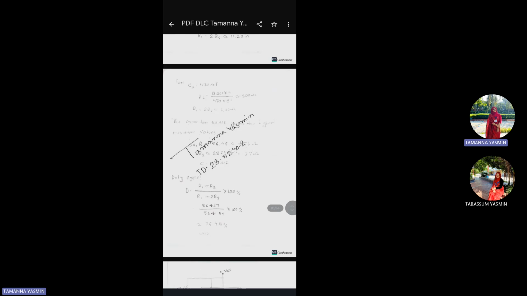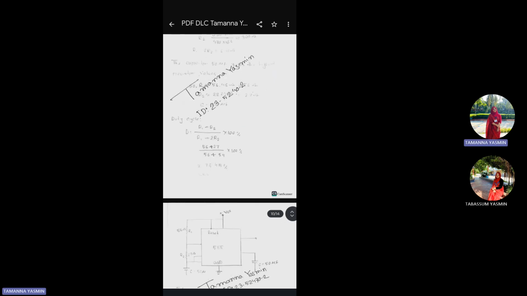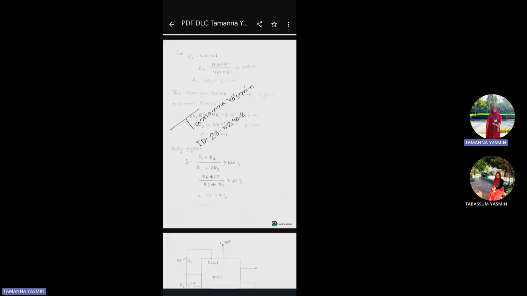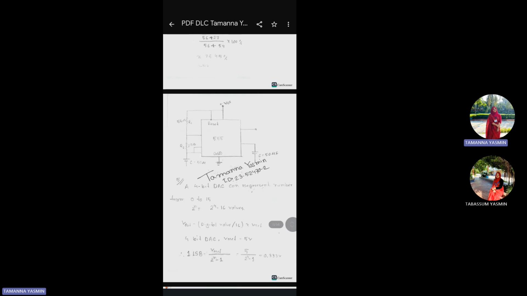Calculations gave me the value of 56 ohm for R1 and 28 ohm for R2. In a real circuit, I would use the closest standard resistor values and draw the standard 555 astable configuration with those components. Here I also designed the circuit.